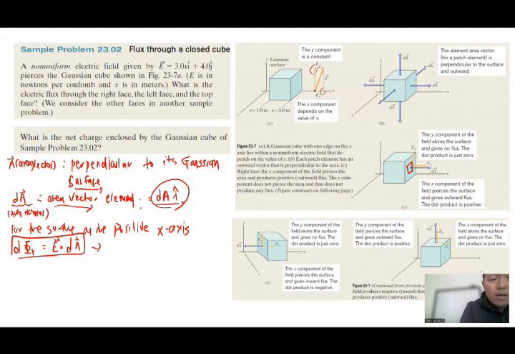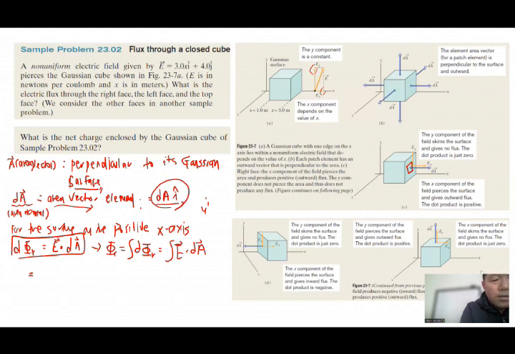So let me rewrite it. The electric flux out of the right face is the integral of dΦ, which you replace with the integral of the electric field dot product dA. Now let's replace the electric field and the area vector with their given expressions.